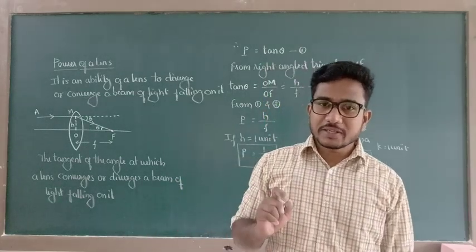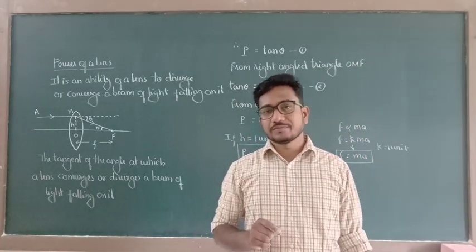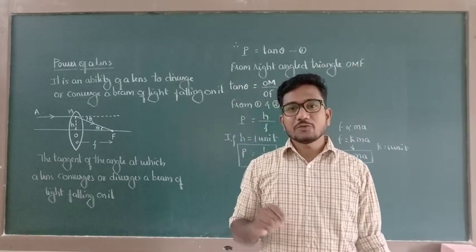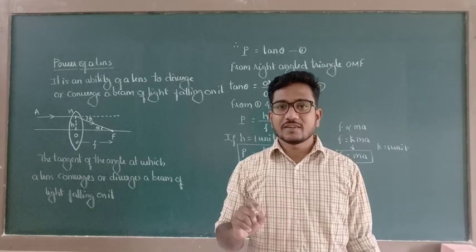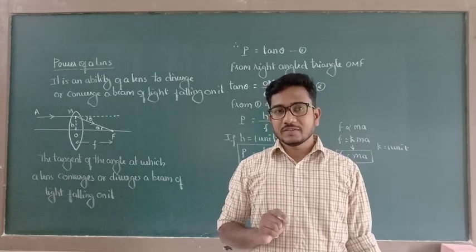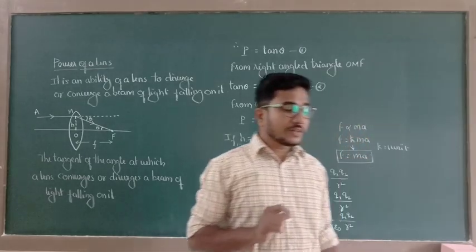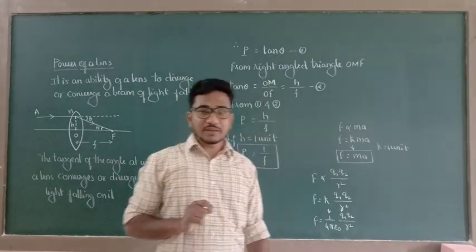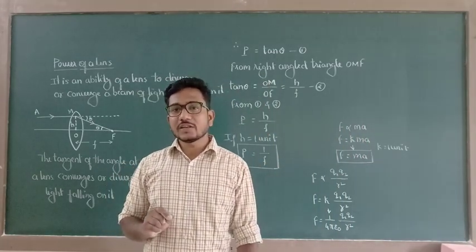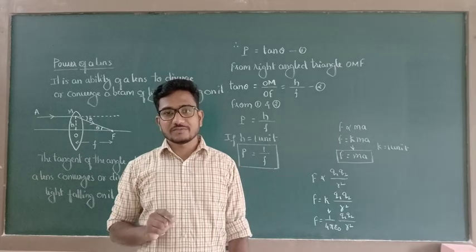Those values represent power of the lens. On what basis do they write the sign plus and minus? In case of a convex lens, we get a real principal focus, and in case of a concave lens, we get a virtual principal focus.